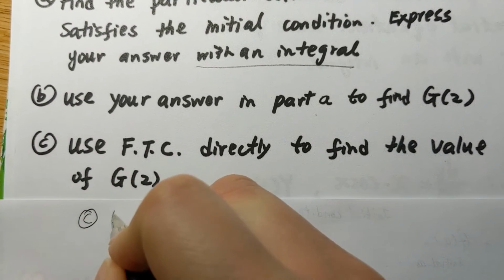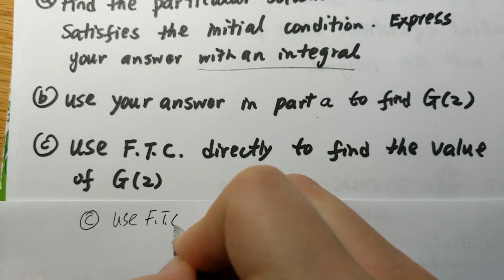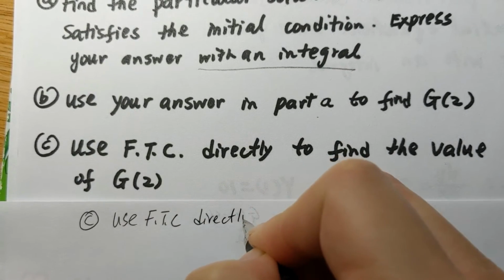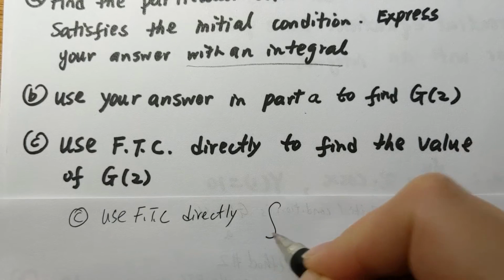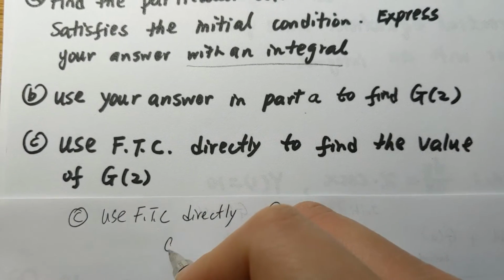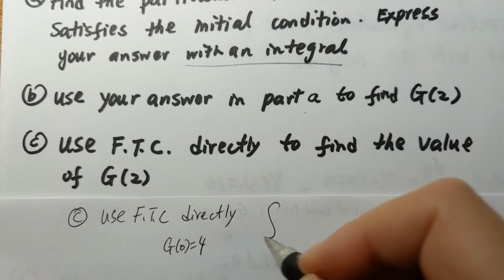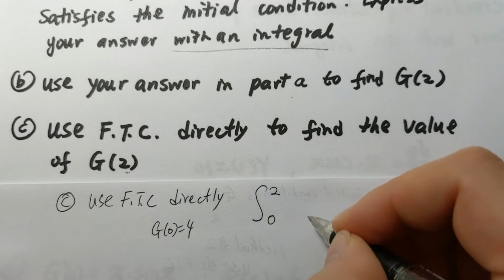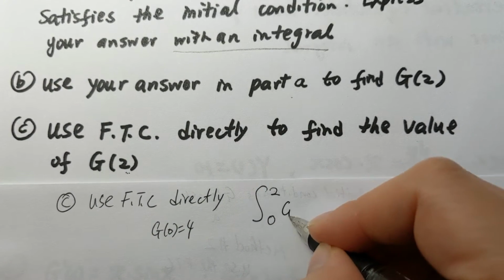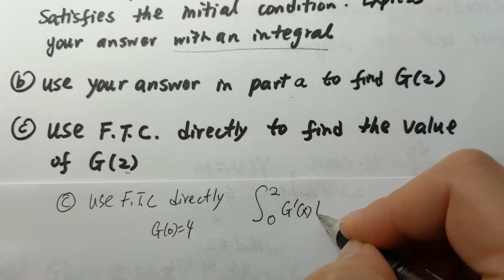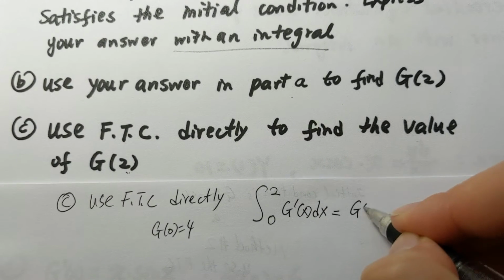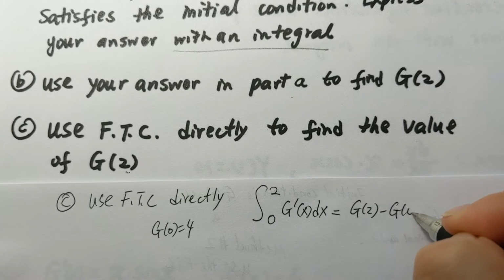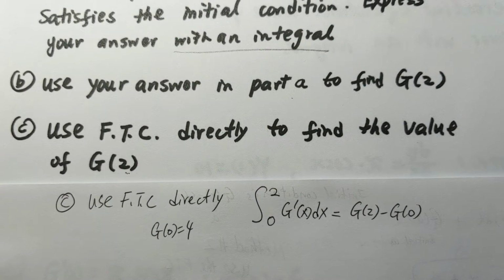So for part C, use FTC directly. That means I integrate. I already know g of 0 equal 4. So I'm going to put 0 to 2, and then I'm going to put my g prime. And then I got g of 2 minus g of 0, just like what we did yesterday. This method still works.